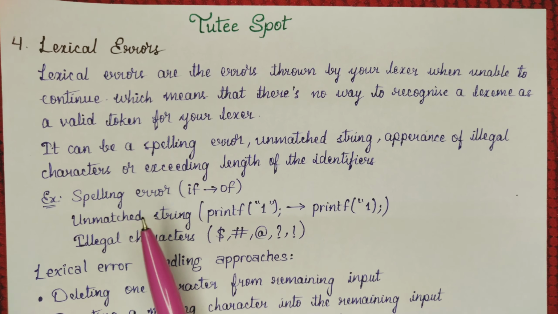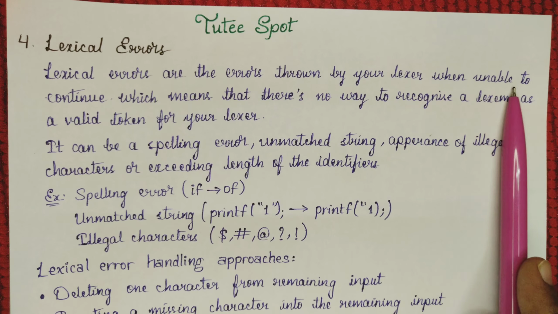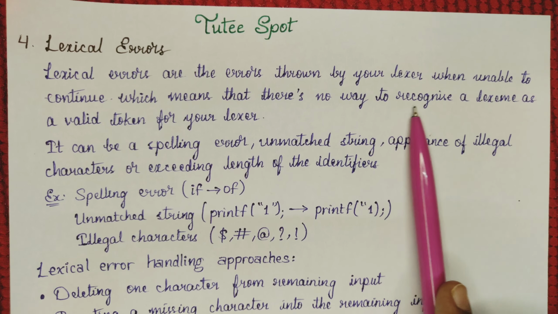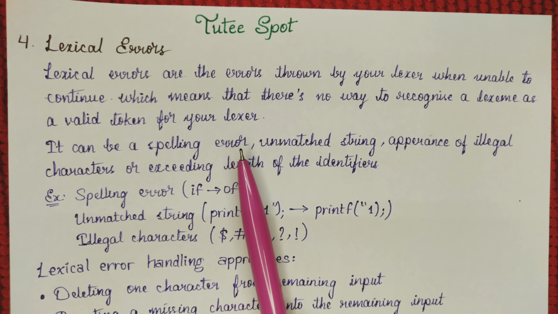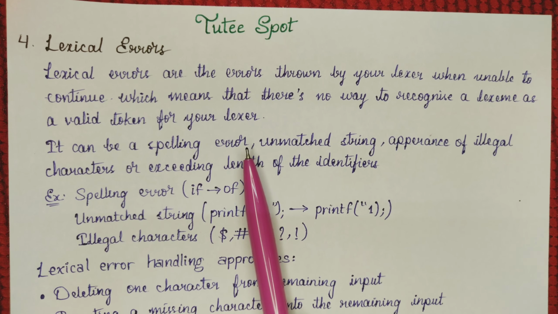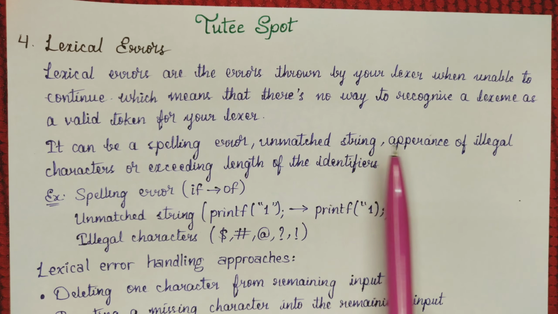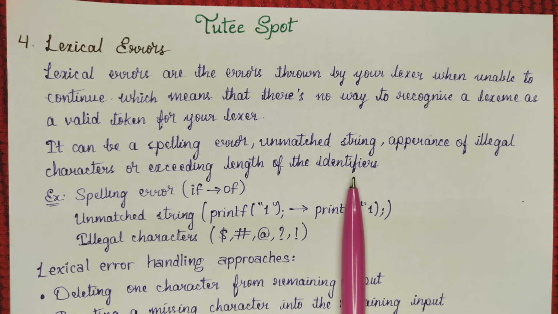And next, coming to lexical errors. Lexical errors are the errors thrown by your lexer when unable to continue, which means there is no way to recognize a lexeme as a valid token for your lexer. If there is no valid token, a lexical error will occur. It can be a spelling error, an unmatched string, the appearance of illegal characters, or exceeding the length of identifiers.